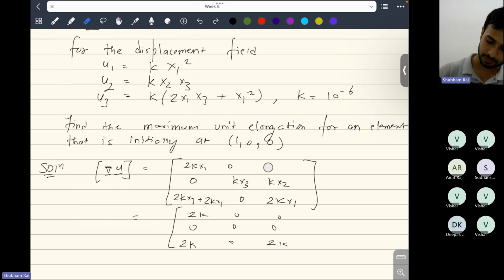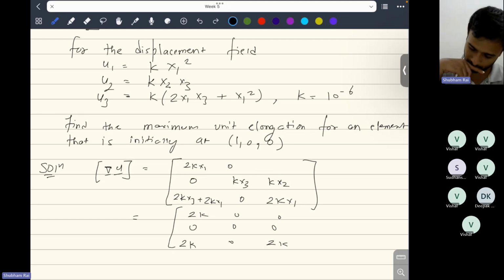Del u3 by del x1 is not 0 actually. This will not be symmetric, but the strain tensor will be symmetric. Anyway, you will get 2k 0 0, 0 0 0, 2k 0 2k.